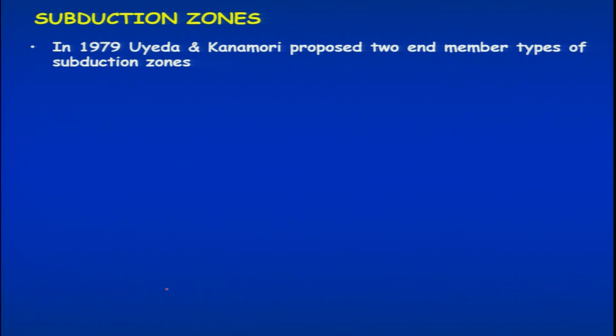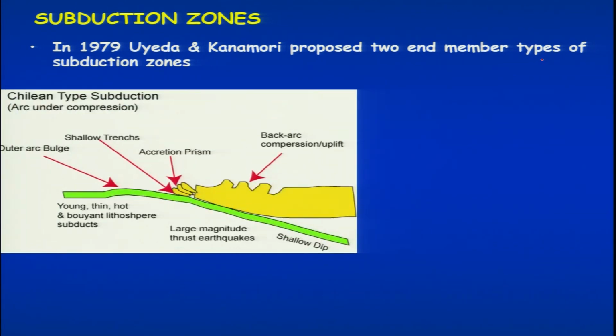So subduction zones basically are of two types, which were classified in 1979 by Uda and Kanamori. They proposed two end-member types of subduction zone. One is the Chilean type subduction zone.